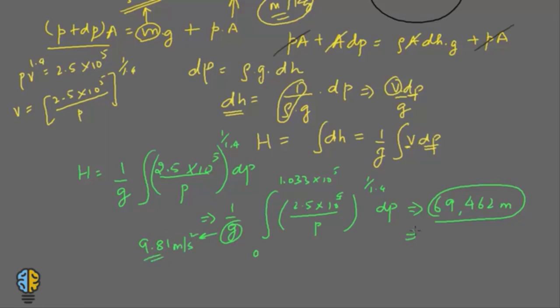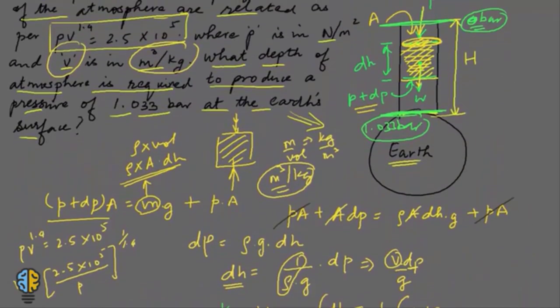Okay, and when you resolve this, you get 69.462 kilometers. So you need a height of 69 kilometers approximately of this atmosphere to produce a pressure of 1.033 bar on the surface of the earth. So this was one very basic question on the concept of pressure. Thanks for watching.